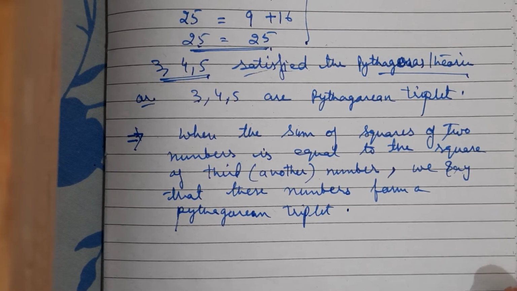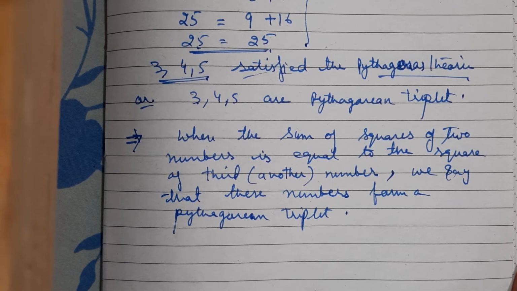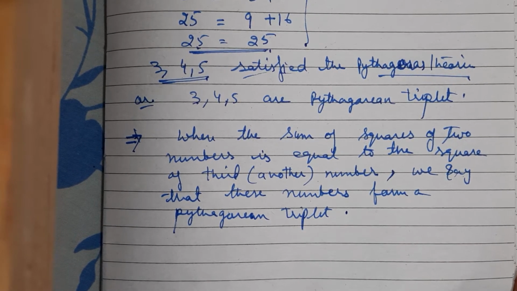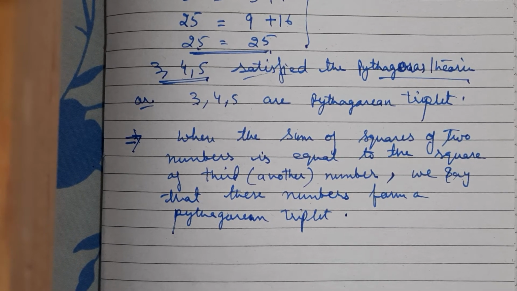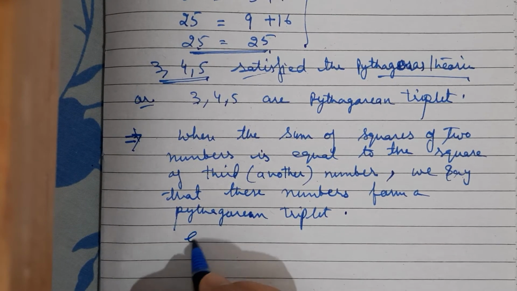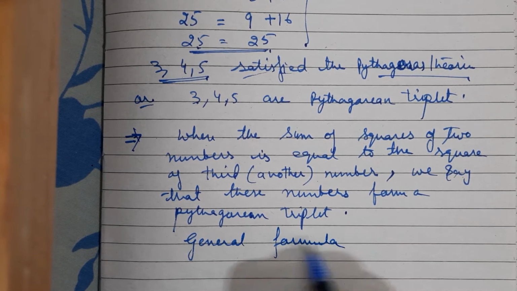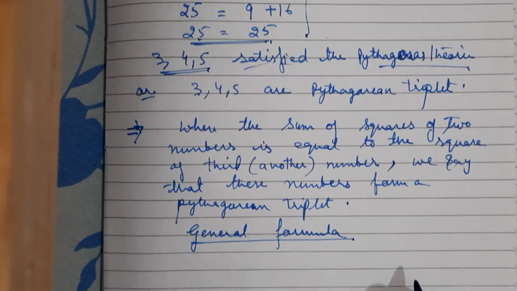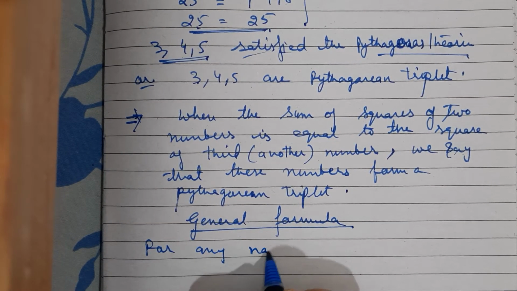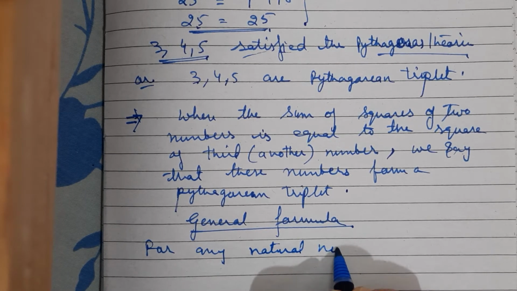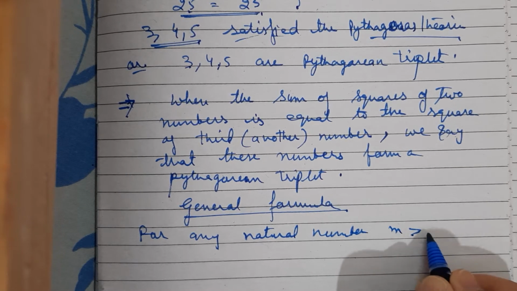you can say that, do we have any formula by which we can find the numbers which form a Pythagorean triplet? So yes, the answer is yes. We can find Pythagorean triplets by using a general formula. So that general formula is, for any natural number, let us take m, which is greater than 1.